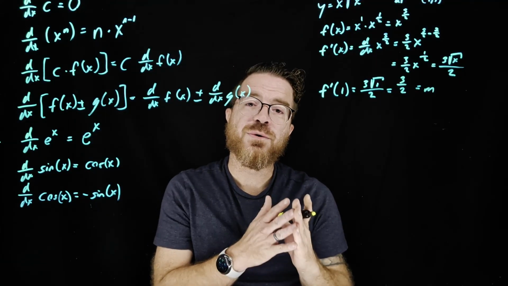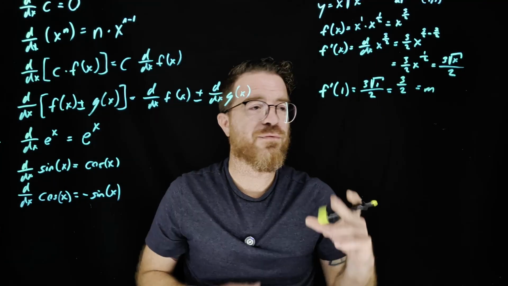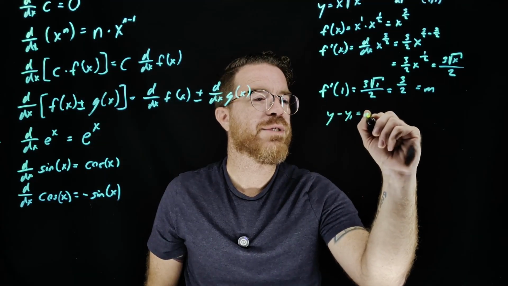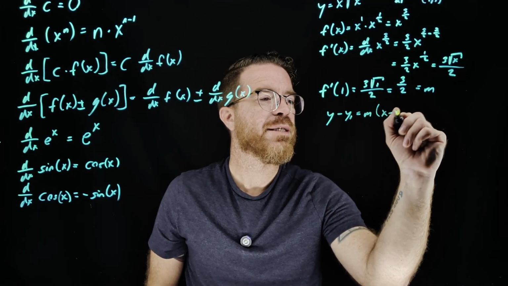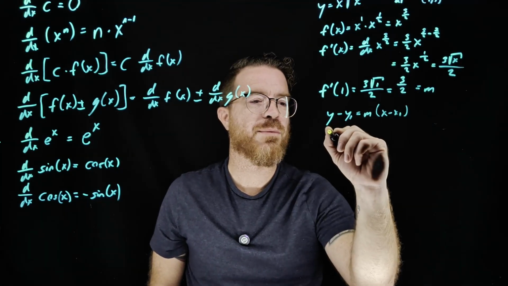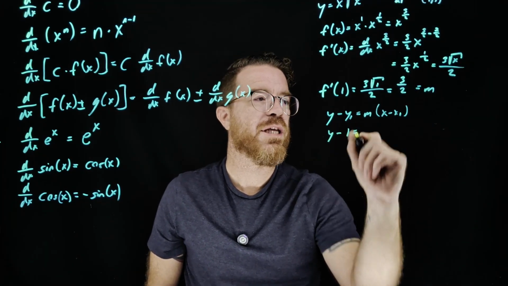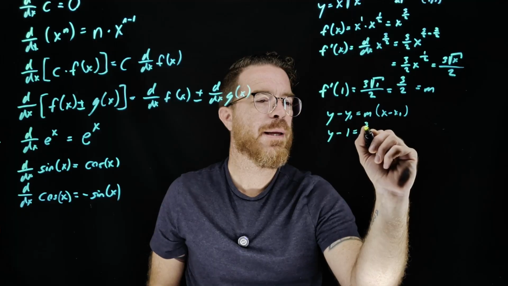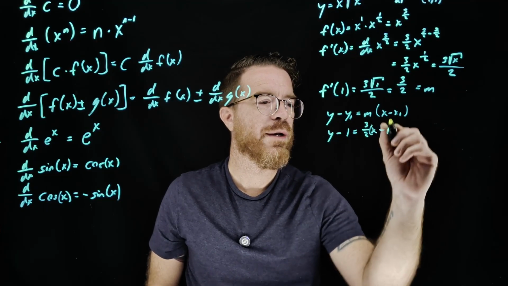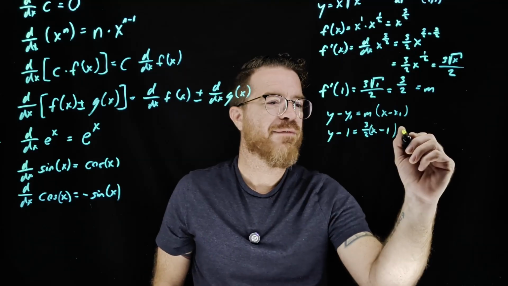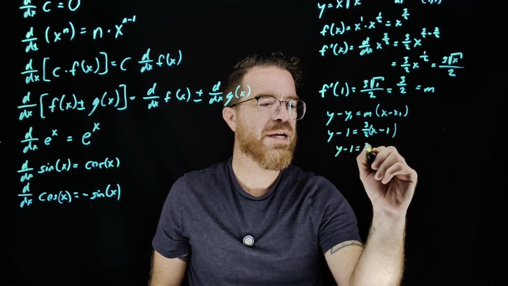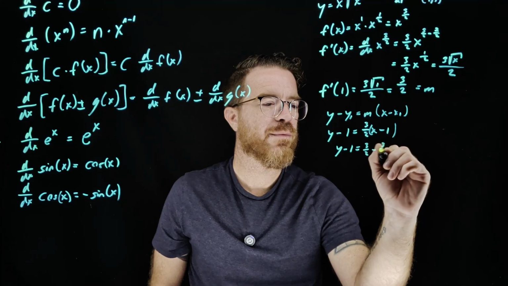Now we're going to use point slope form for our line, which is y minus y1 equals m times x minus x1, and we're going to plug in 1 and 1 for y1 and x1. So this is going to be y minus 1 equals my slope of 3/2 times x minus 1. We're going to distribute our 3/2, so y minus 1 equals 3/2 x minus 3/2.